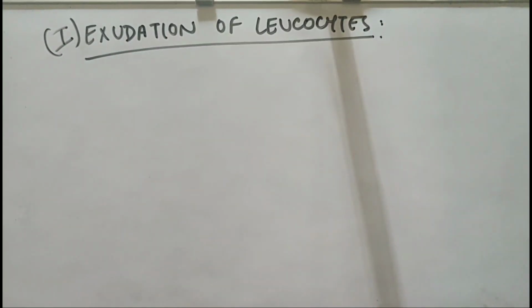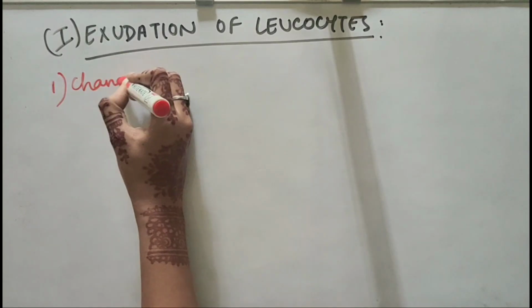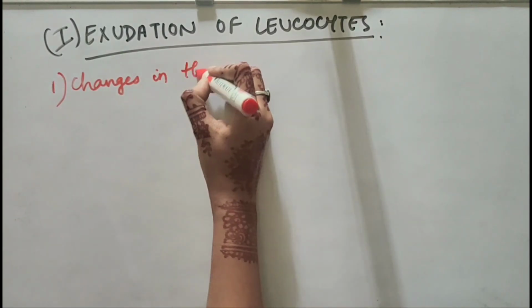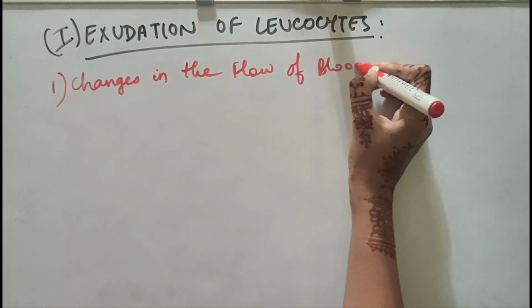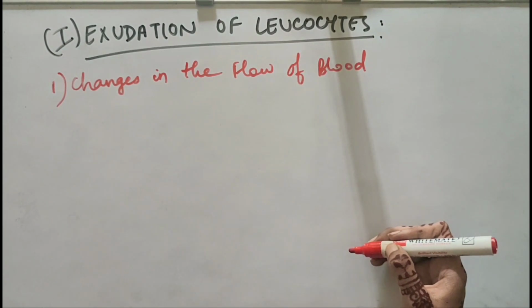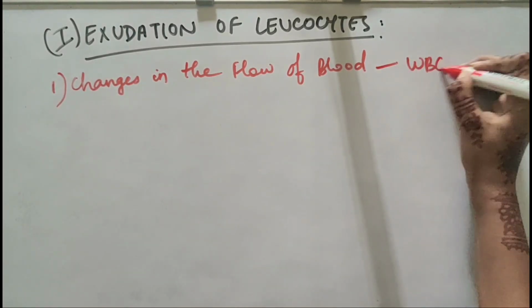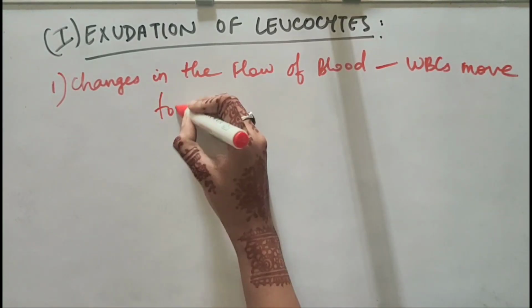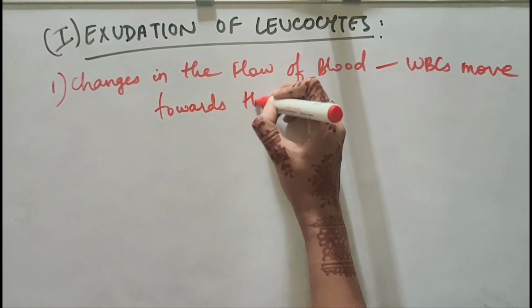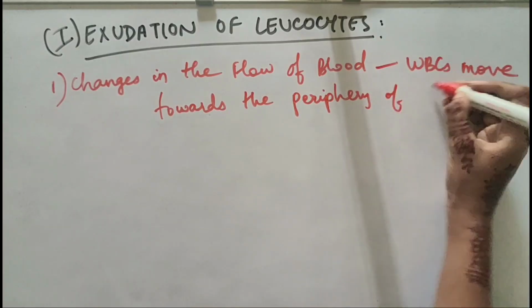So in exudation of leukocytes, first is changes in the flow of blood, which can also be called margination, wherein the WBCs, mainly neutrophils, move towards the periphery of blood vessels.